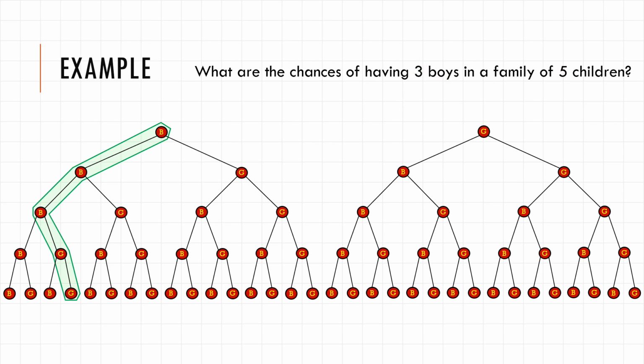Now, you could have started off this question just by starting to write down combinations like this. Boy, boy, boy, girl, girl, and so on, and you would have found a total of 6 combinations, and you might say, oh, those are the only things that can happen.